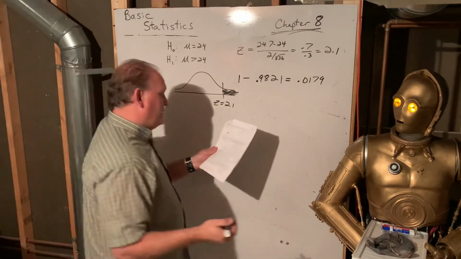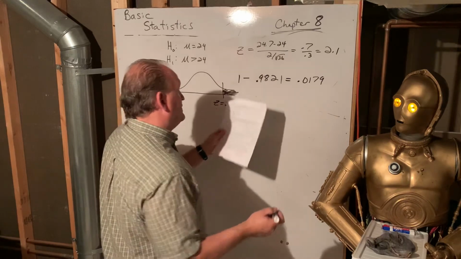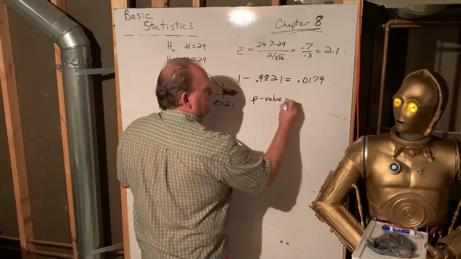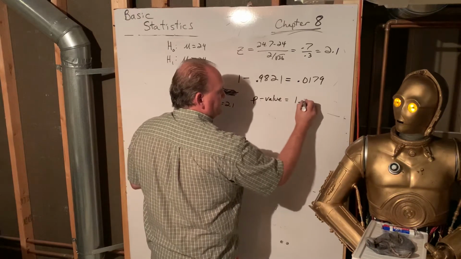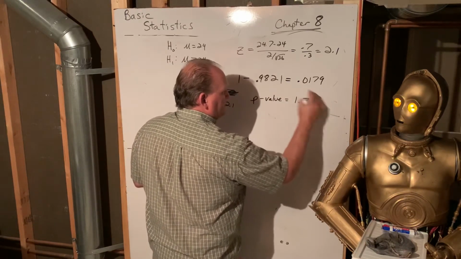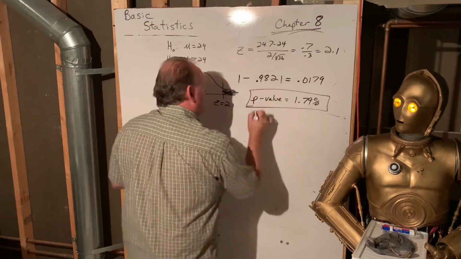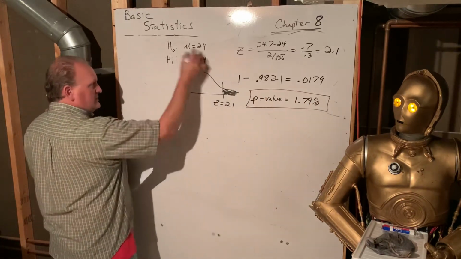So here's how we would do this. The p-value would be 1.79%, like 2 places to the right and then it's a percent. So what does that mean? This would be the statement.